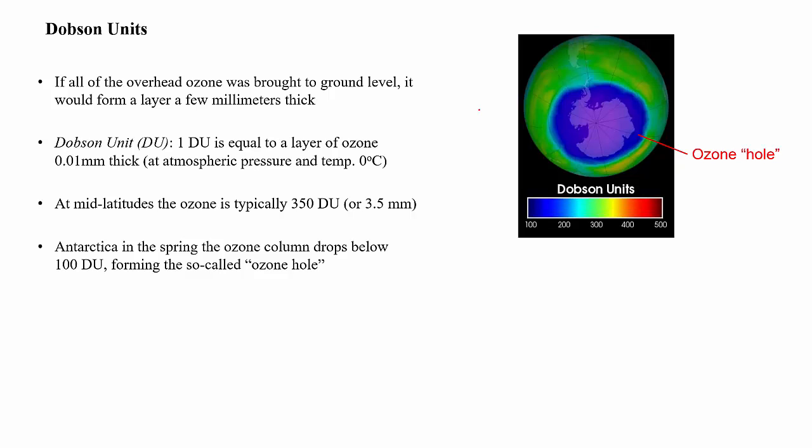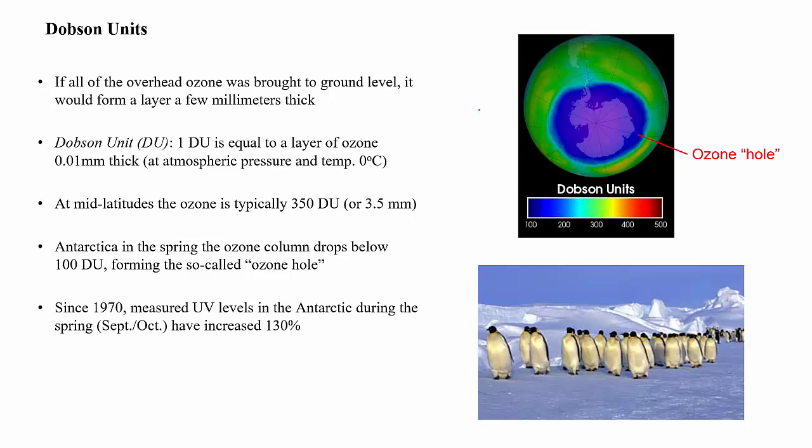So it drops to about 1/3 of its normal level, and we'll talk about why that happens later in this presentation. Since the 1970s, the measured UV levels in Antarctica during the spring, which is September, October at the South Pole, have been measured to increase by about 130%. And we're going to talk about why that's happening later in this lecture.